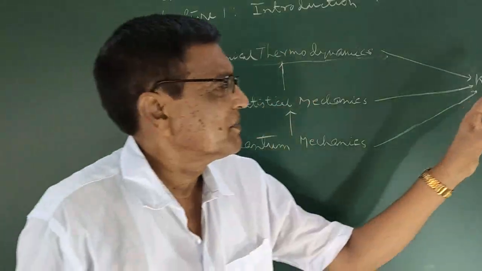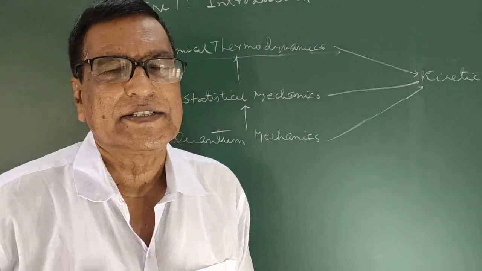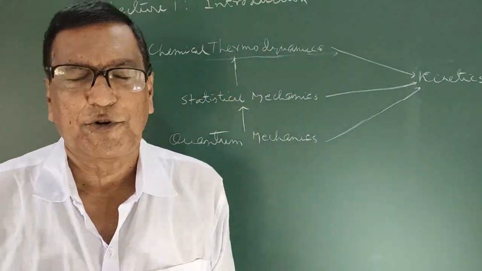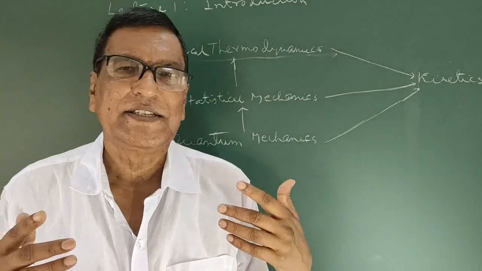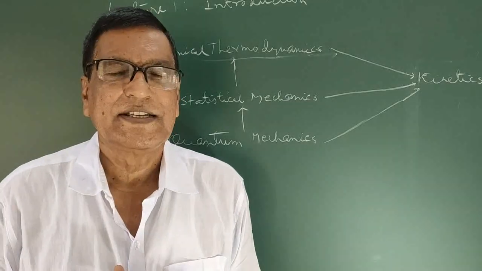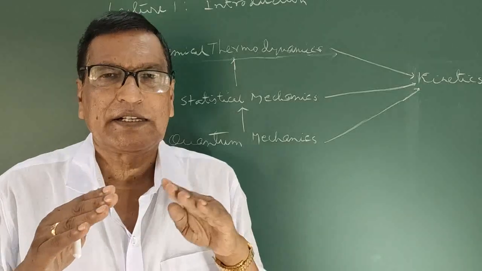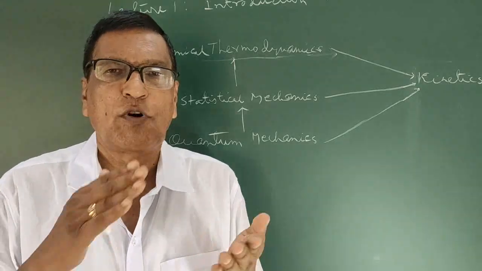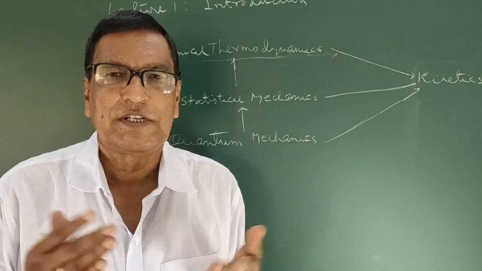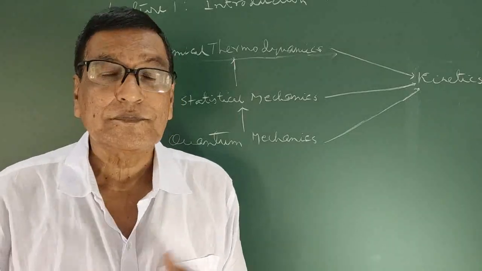And the fourth one, kinetics. Kinetics is the rate processes such as chemical reactions and the transport phenomena, meaning transport of mass from one place to another, which is called mass diffusion.